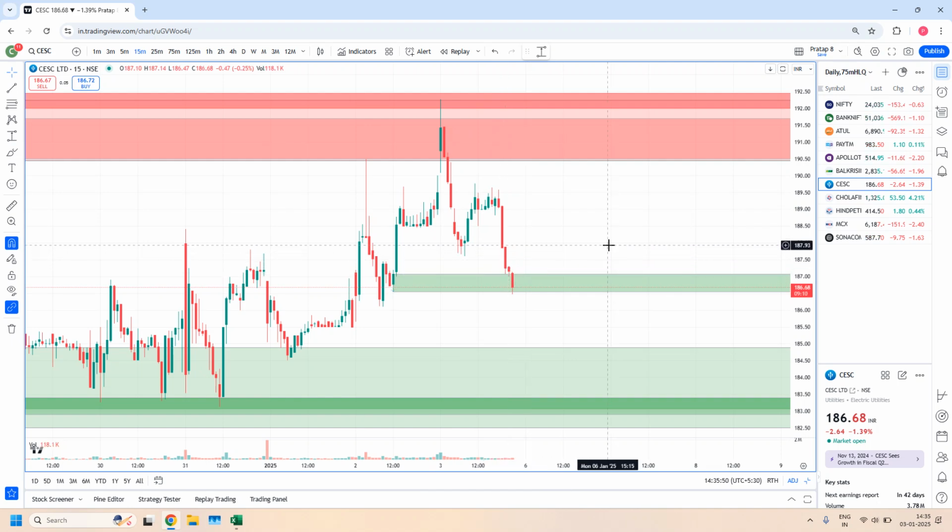So this is another powerful concept. Lesson 22: the lower time frame zone as an horizon to the higher time frame zone. A very powerful concept. I did a lot of research in developing this concept.